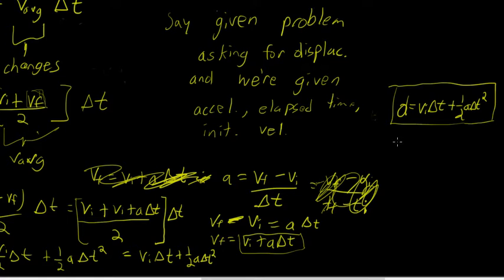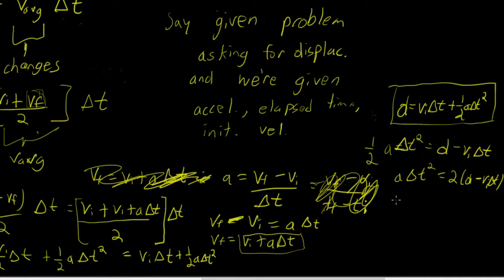So in that case, we just solve this equation for a, right? So 1/2 a delta t squared is equal to d minus vi times delta t. Okay, so a delta t squared is equal to 2 times d minus vi delta t.